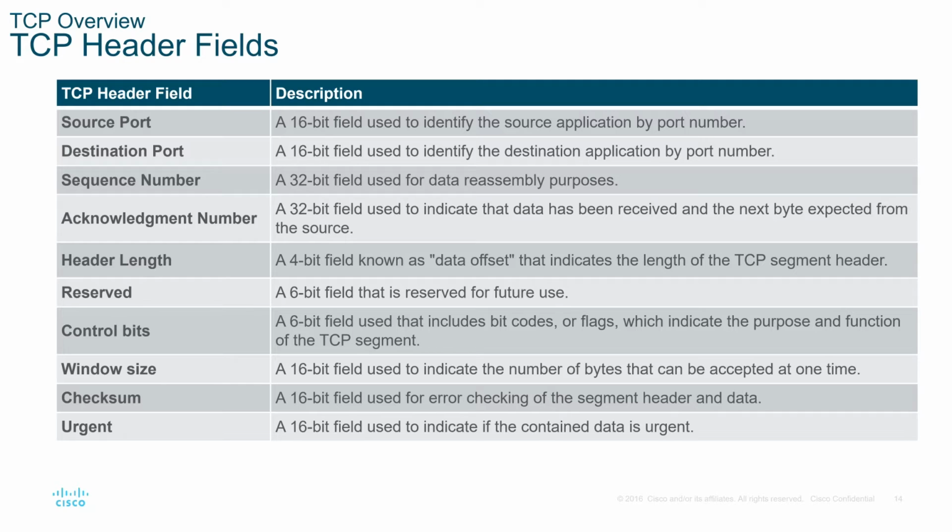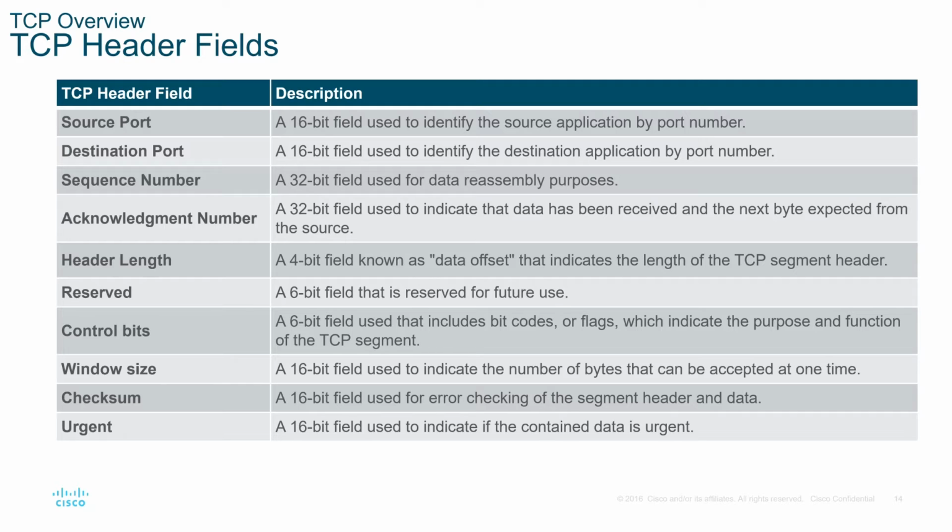The header length is a 4-bit field known as the data offset, and this indicates the length of the TCP header segment. We have a reserved field, and this has been reserved for future use. We have control bits, and this may include codes, flags, or other types of control for the proper delivery.